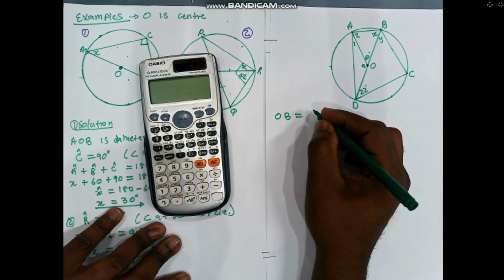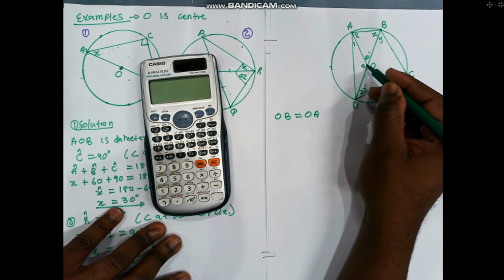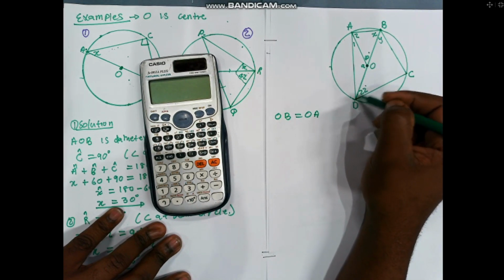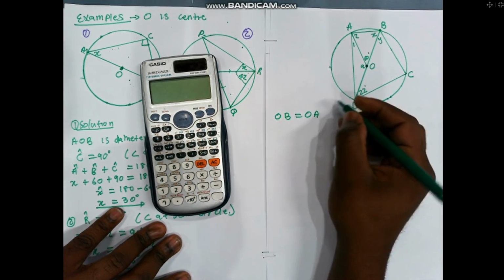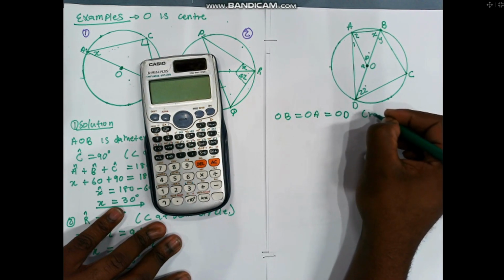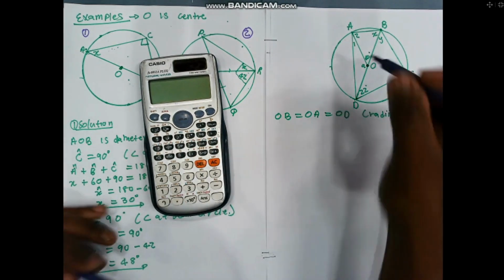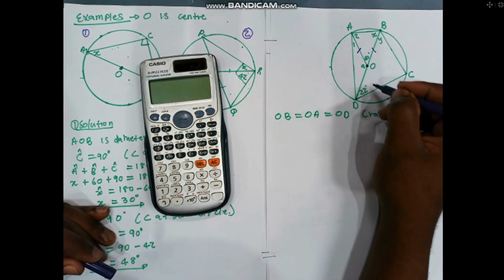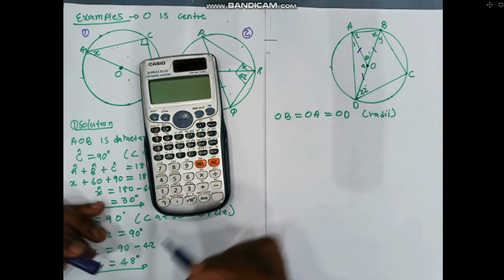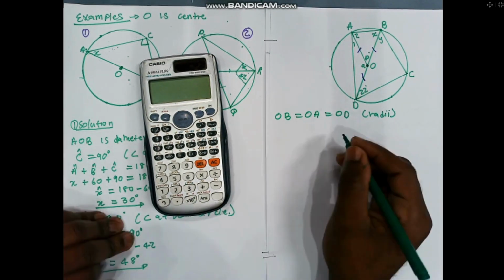And OD, from O to the circumference, is what? A radius, from theorem number 1. So this is equal to this, and also this is equal to this, from theorem number 1.